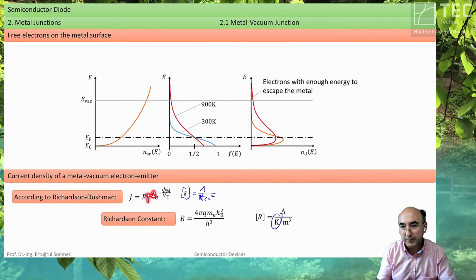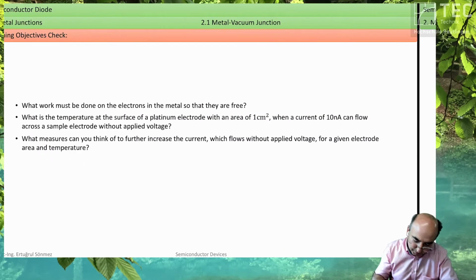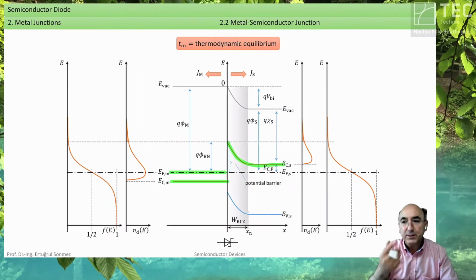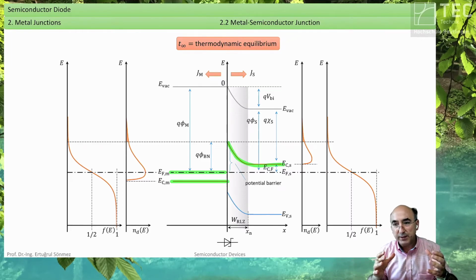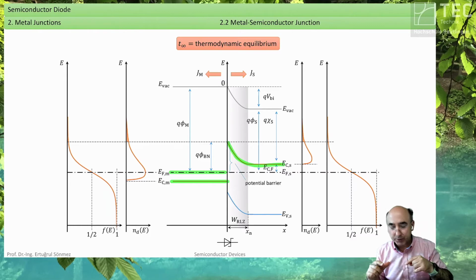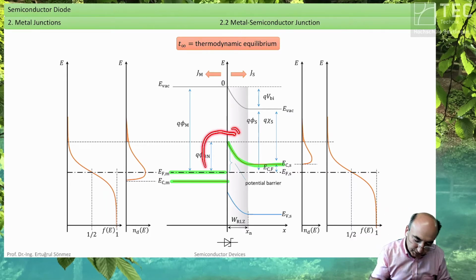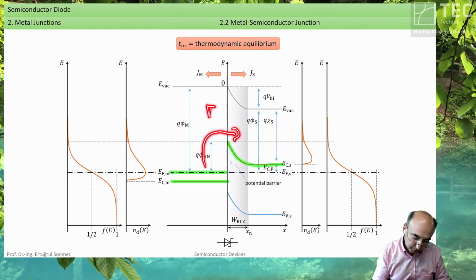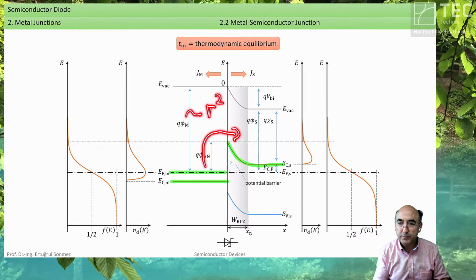And that's quite bad, but it's a fact. It's physics. Therefore, Schottky diodes are sensitive to temperature. Also, the reverse current is very sensitive, proportional to the square of the temperature.